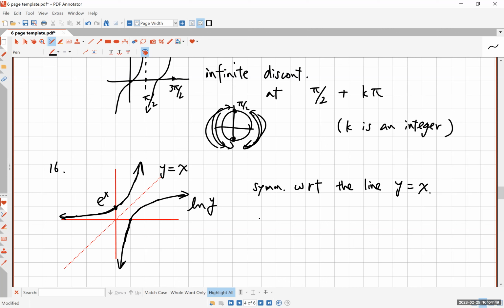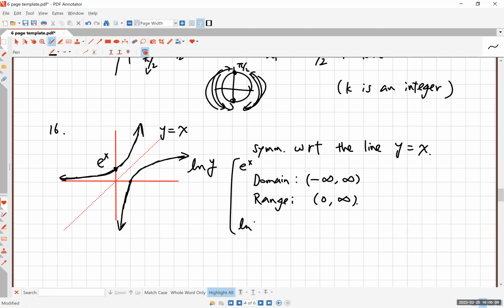So the domain of e to the x is the set of all reals, and the range is, of course, only the positive numbers. The natural log of x, because these are inverses of each other, the domain is what used to be the range.